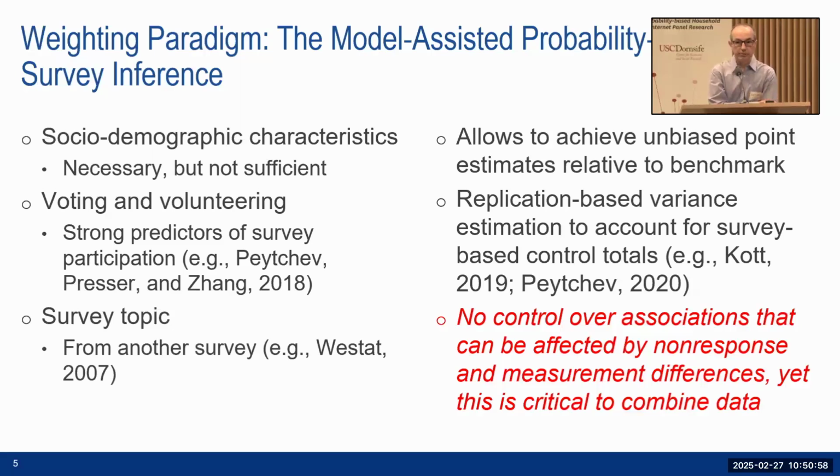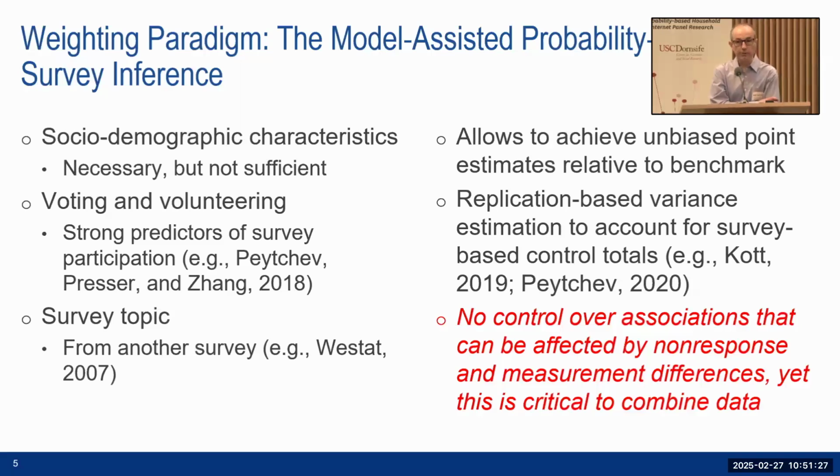So just as a quick background on the weighting paradigm, very typically it would include the socio-demographic characteristics. As you heard in the previous presentation, when you have non-probability and you use quotas, these essentially don't even work. We could add other variables that are highly correlated with non-response. And so there has been work showing that voting and volunteering are really strong predictors of survey participation.